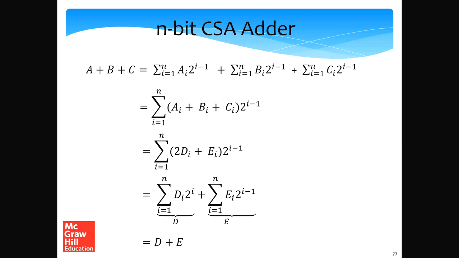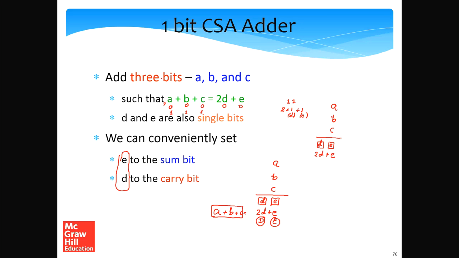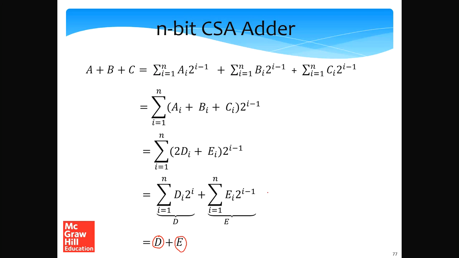So let us do a little bit of algebra to compute two numbers D and E such that A plus B plus C is equal to D plus E. We'll use the same logic that was used here and just extend our results. Let us express A as a sum of its bits.